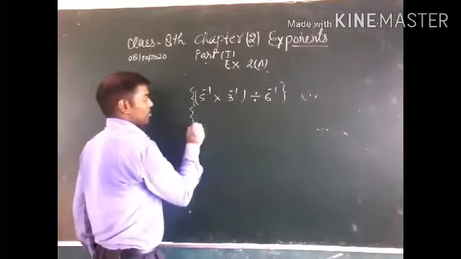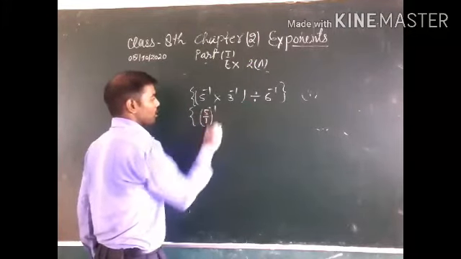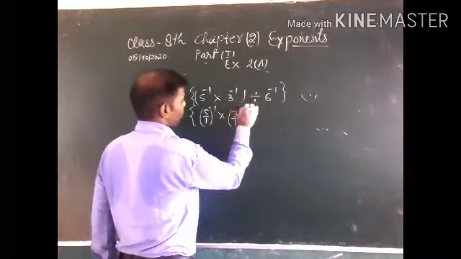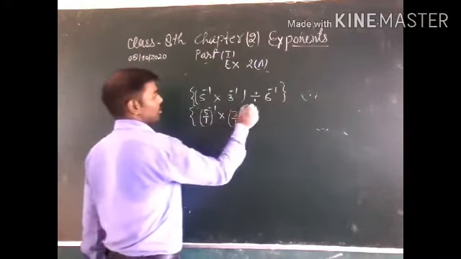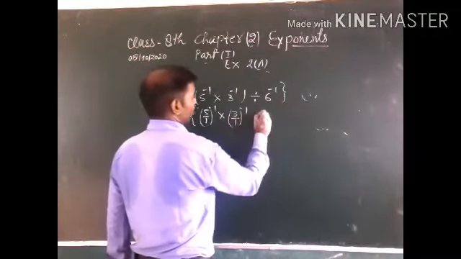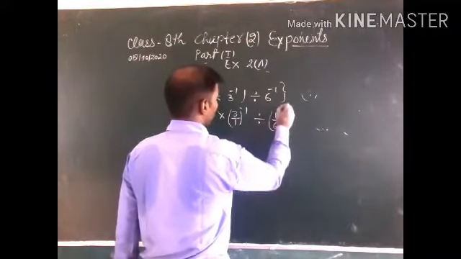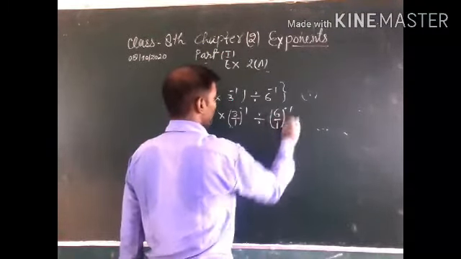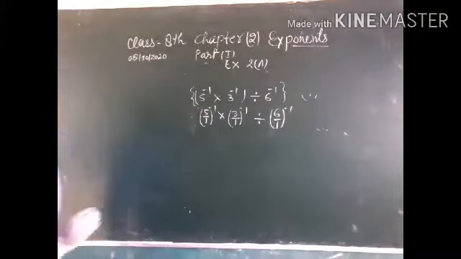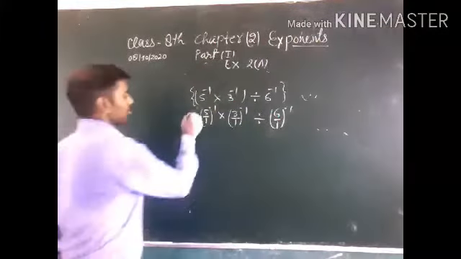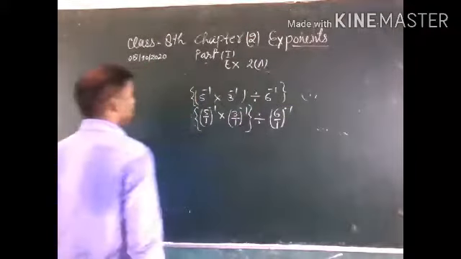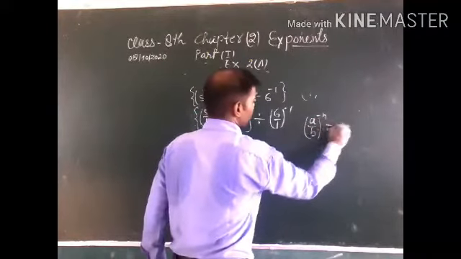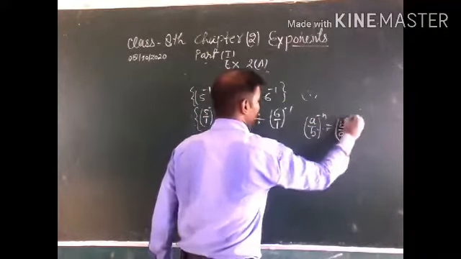You can write this as (5/1) to the power minus 1 into (3/1) to the power minus 1, divided by (6/1) to the power minus 1. Again use the formula (a/b) to the power minus n is equal to (b/a) to the power n.